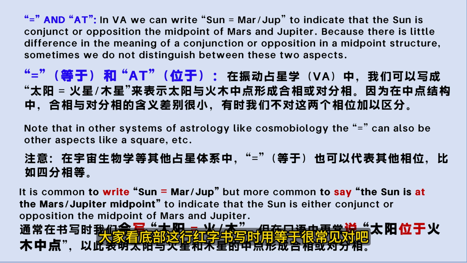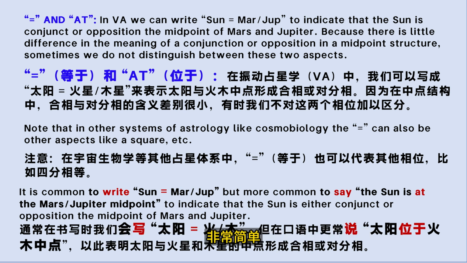So on the bottom here, I have in red, it is common to write equals. Very simple. It's common to write Sun equals Mars, Jupiter, but more common to say Sun is at the Mars, Jupiter midpoint. You rarely hear people say Sun equals the Mars, Jupiter midpoint. It kind of sounds weird.